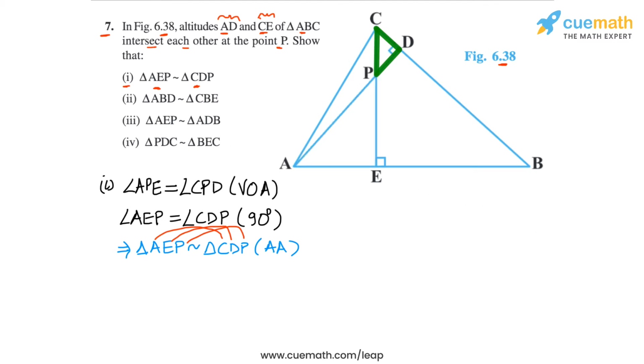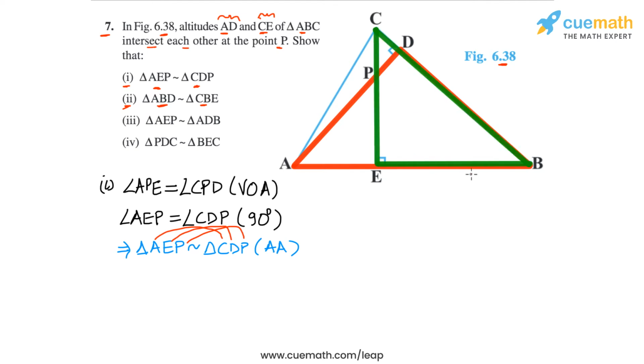So now we come to part 2. In part 2, we have to show that triangle ABD, which is this triangle ABD, is similar to triangle CBE, which is this second triangle that I've highlighted. Again, we have no information about the sides of these triangles, but it's easy to see how the angles of these triangles are related.